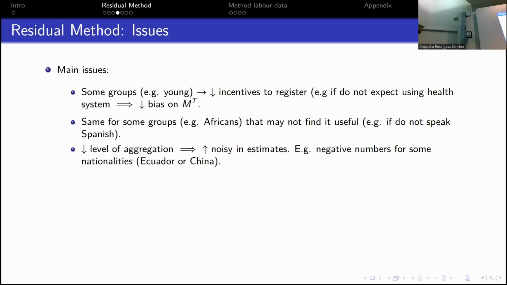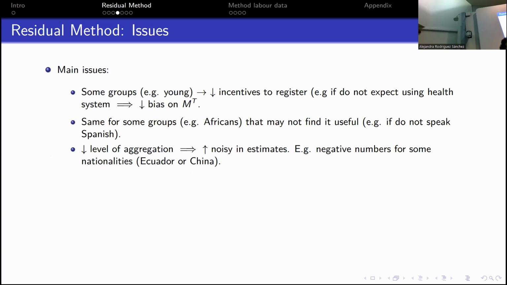So before going to the results, which might be interesting, let me first highlight the main issues with the estimation. From my experience with the estimates, I find that for some groups the estimates are very low.